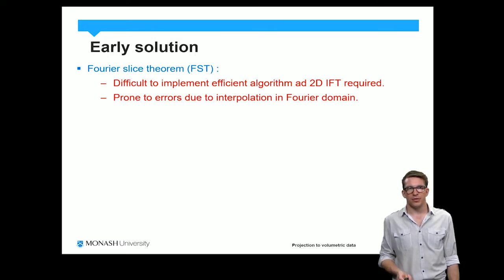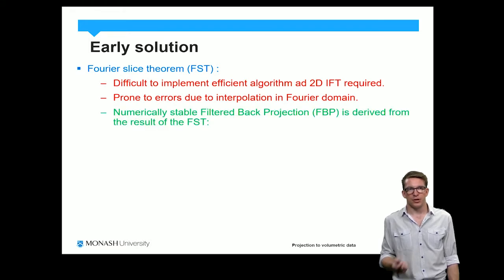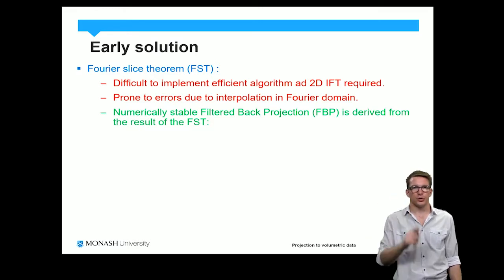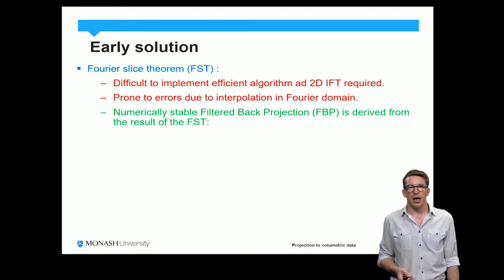The first is that it's difficult to implement as an efficient algorithm, and the second is it's prone to errors because we have to interpolate in the Fourier domain in order to regain that high frequency data that's missing in the bicycle spoke representation. And a much more numerically stable form of the algorithm that's become the workhorse in CT reconstruction was derived, and that's the filtered back projection.